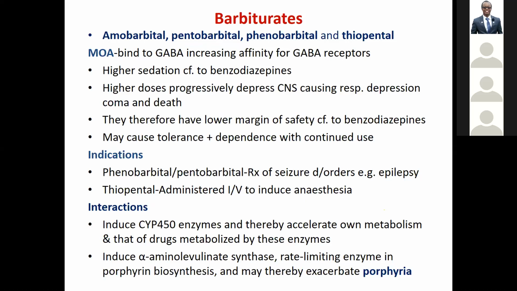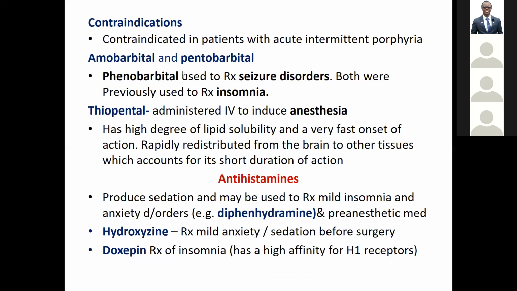For patients who have a predisposition to porphyria, it's contraindicated. So mainly they're used in seizure disorders. Maybe during your readings, you may want to look at the specific adverse effects, although those are fairly obvious.